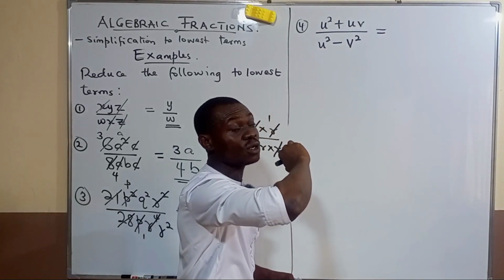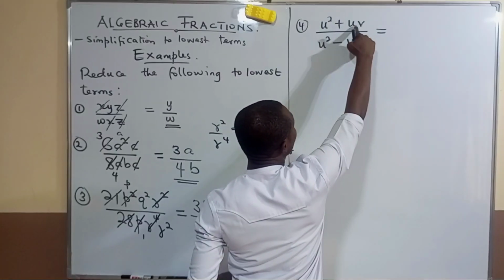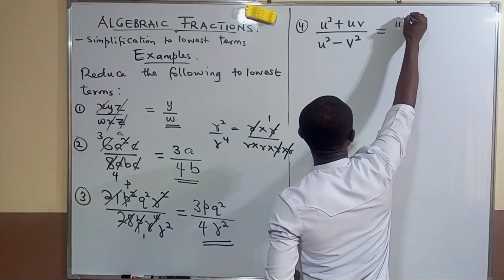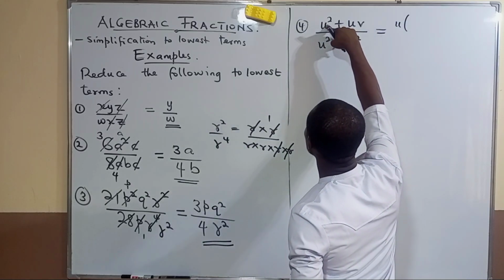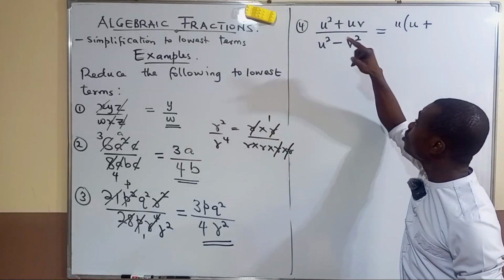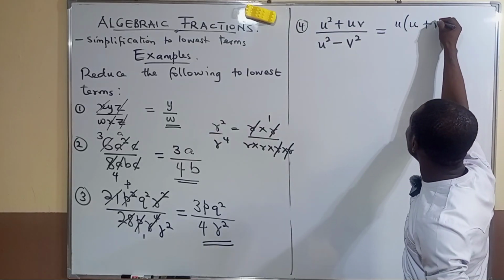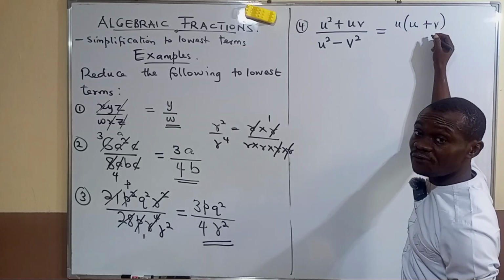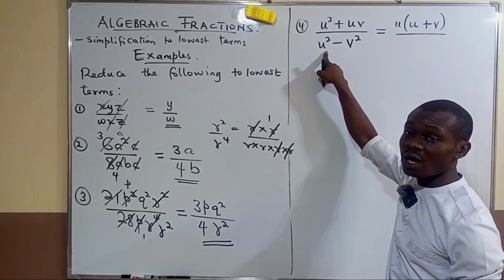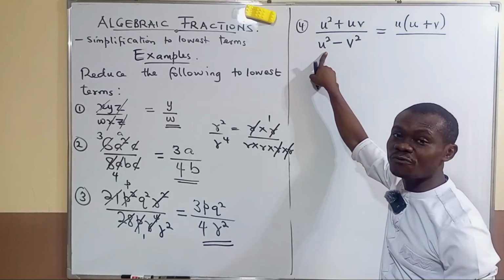All right, so we'll factorize the numerator by bringing out the common factor. There is u here, there is u here. So I'll bring out u, and then open bracket: u divided by u squared will give me u, plus u divided by uv, you have only v left. And that is over the denominator. Now, this one is a difference of two squares.